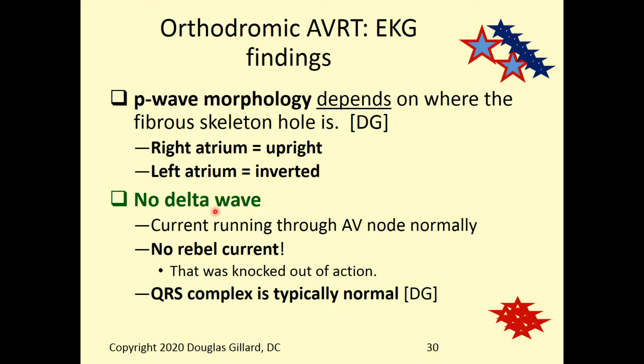No, right? The current is running backwards in orthodromic AVRT, so there's no pre-excitation current, and that was knocked out by the premature ventricular complex. So the QRS complex is also typically normal. In fact, it might be narrow.